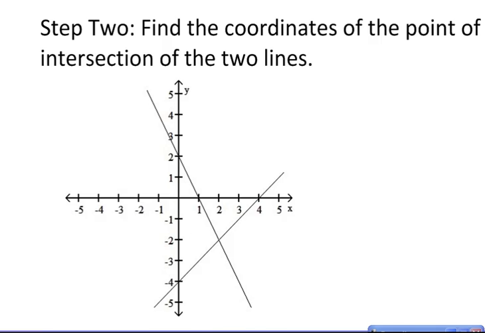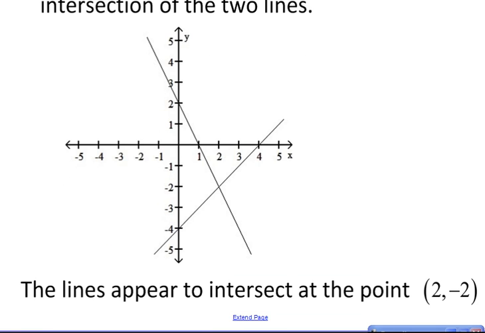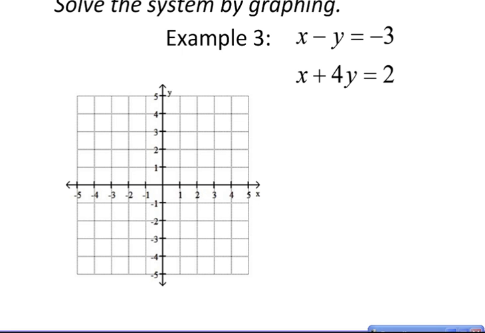And as you can see, the intersection is at (2, -2). Remember, these are the two equations that we used in example 1, so it is a true statement that (2, -2) is the point of intersection and is the solution for this system of equations.